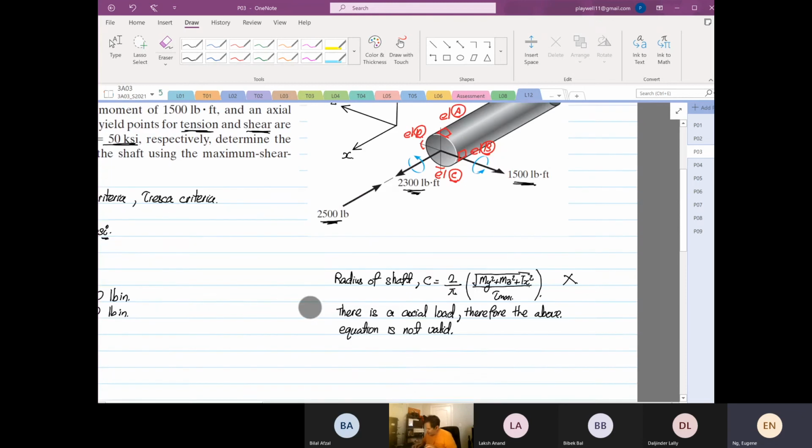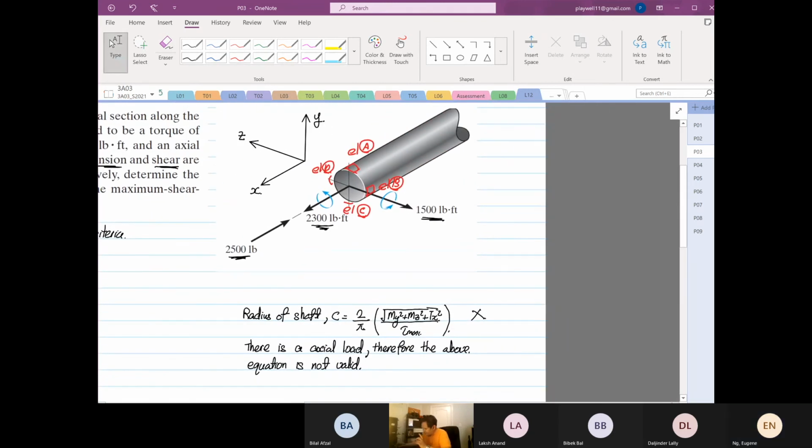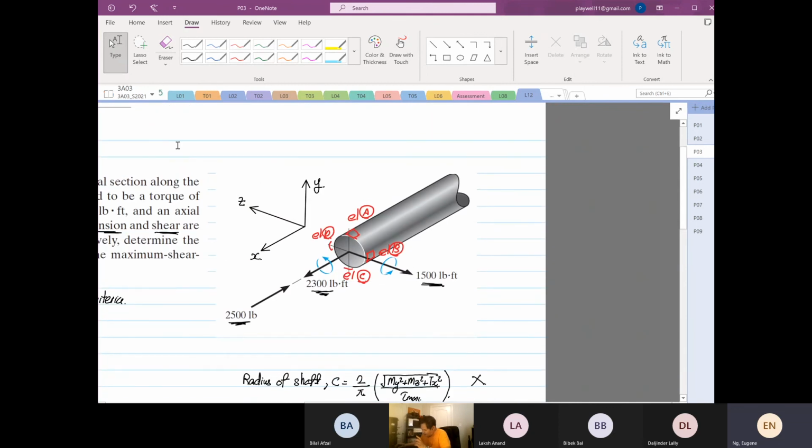Okay, so that's how I'm going to label our elements. We have to analyze where is the element that has the maximum stress. Okay, now we don't know.